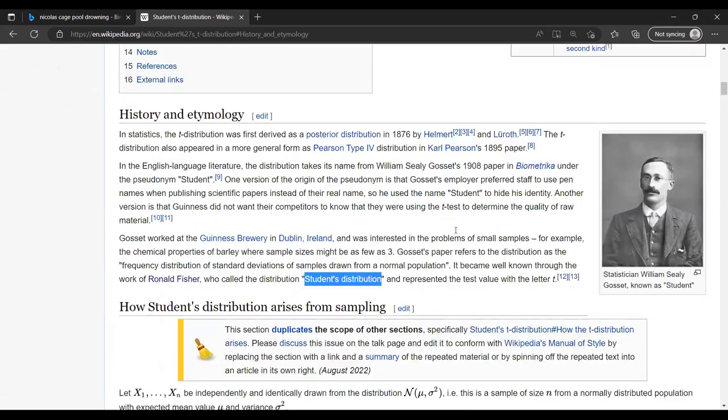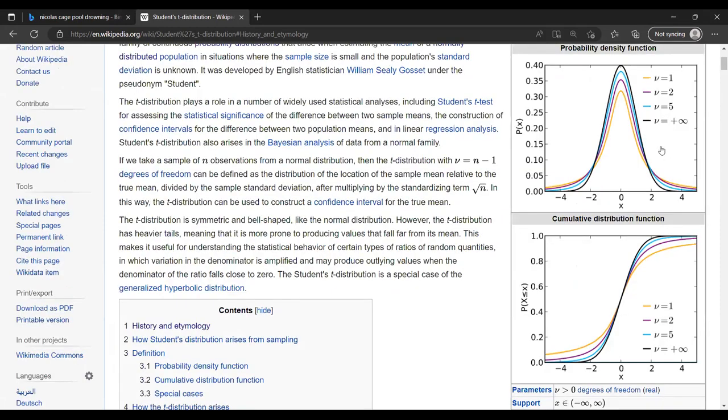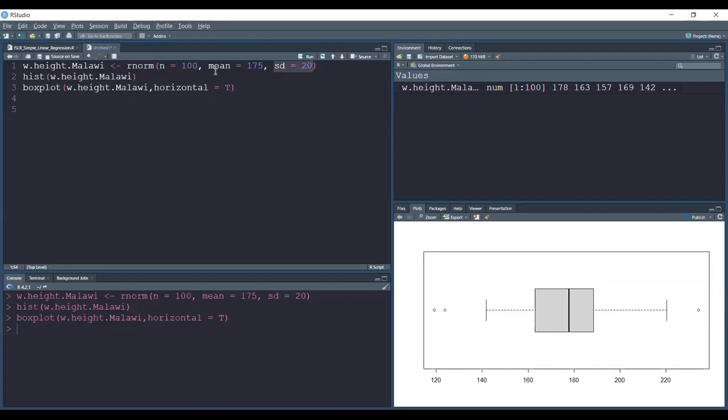It is just another probability distribution, and notice it depends on one parameter. What do I mean by a parameter? The normal distribution depends on two parameters, mu and sigma. The T distribution depends on a single parameter.